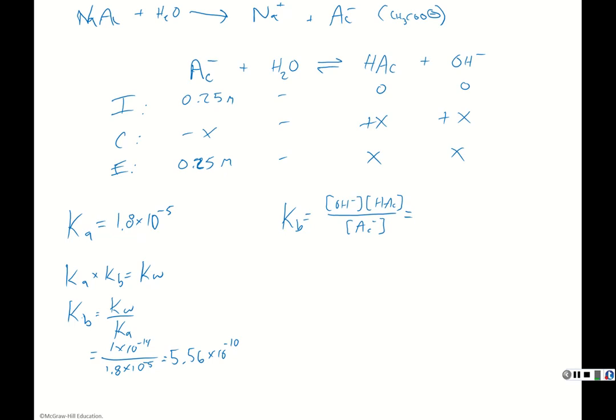Okay, so we can plug in our equilibrium concentrations for Kb. So OH minus is going to be X, HAC is going to be X, so that'd be X squared over 0.25, and that equals 5.56 times 10 to the minus 10.